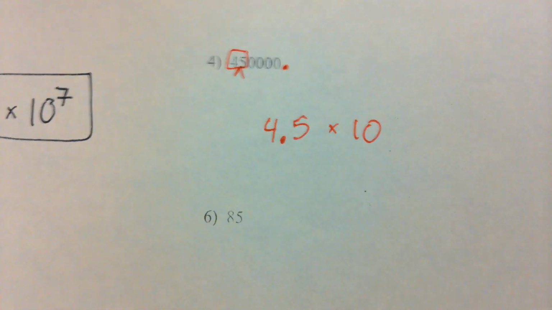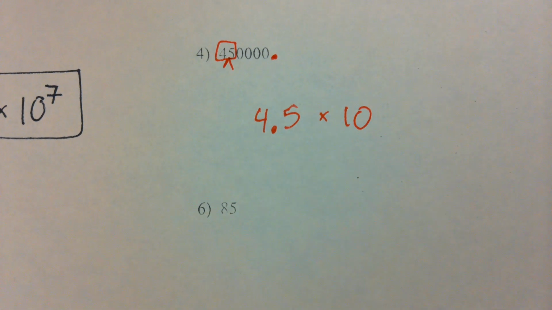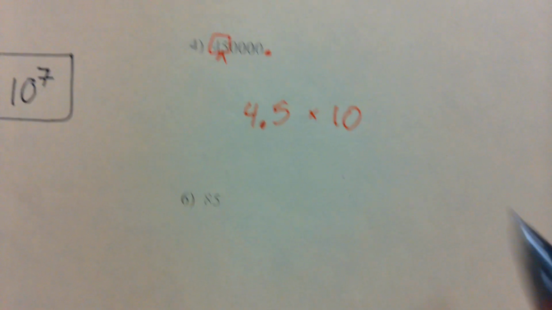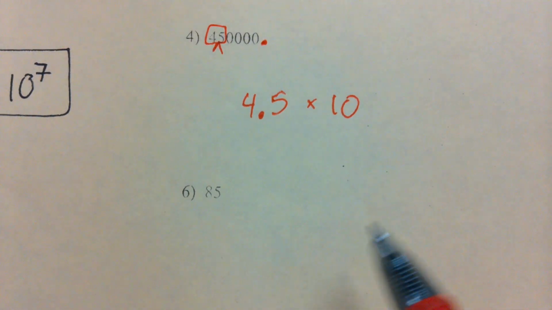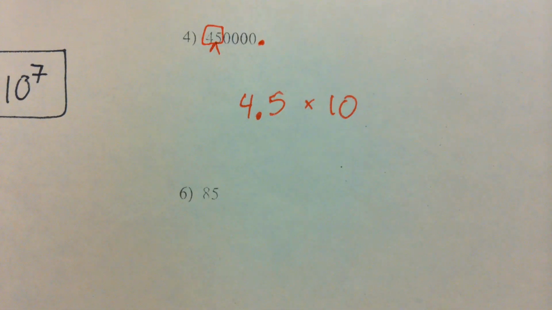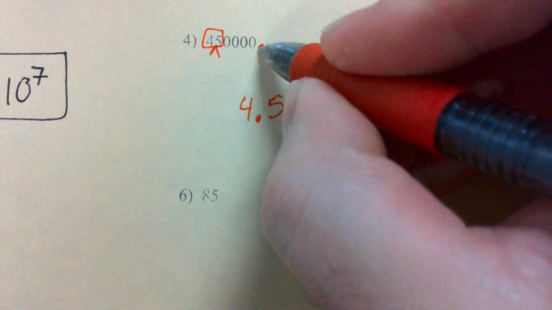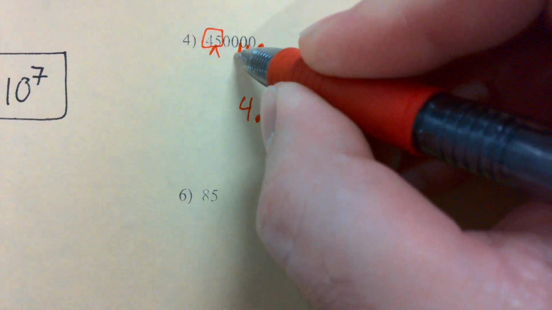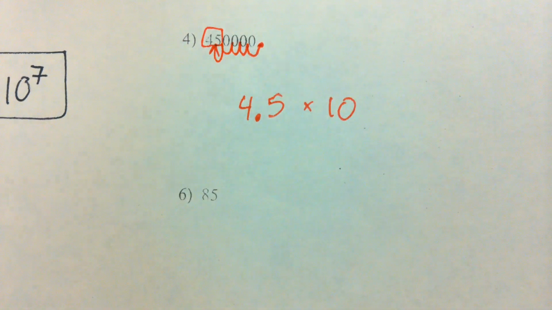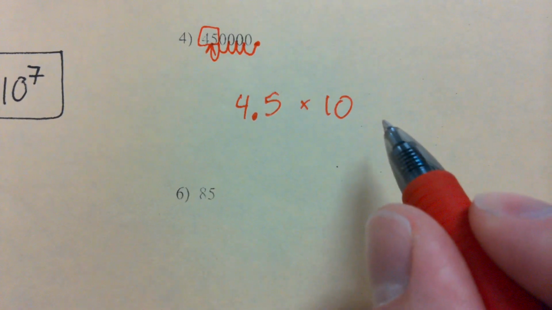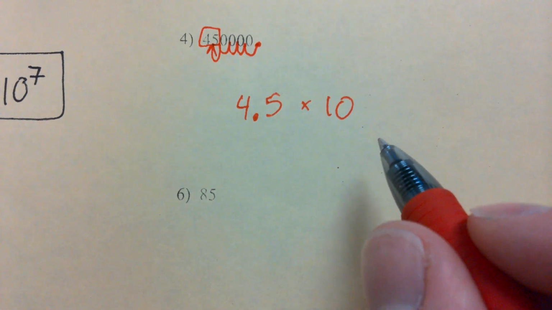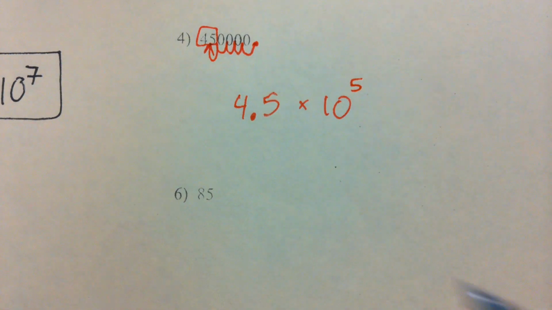Now we have to figure out what our power of 10 is going to be. How can we figure that out? Count the little jumps from the decimal to where it's supposed to be. So we got 1, 2, 3, 4, 5 spaces. Is my power going to be positive 5 or negative 5? Positive 5. How do we know?